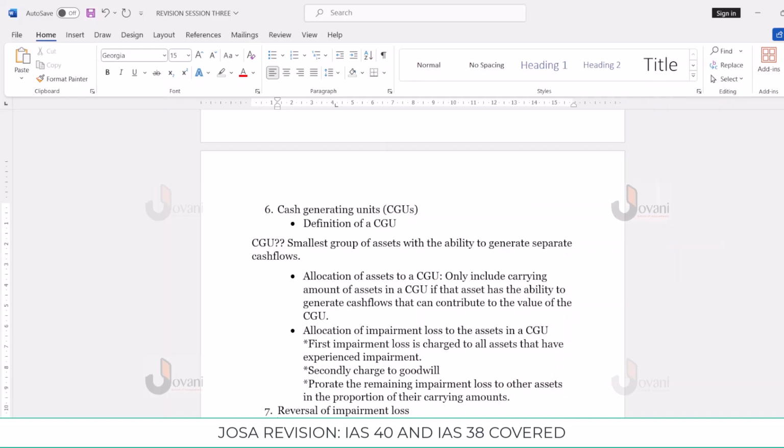Then this year, we review that asset for impairment.